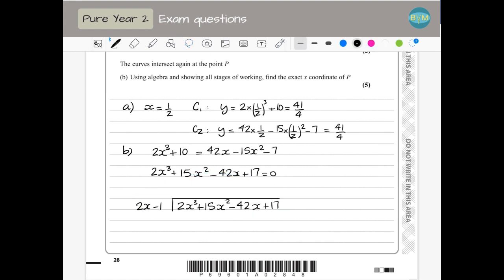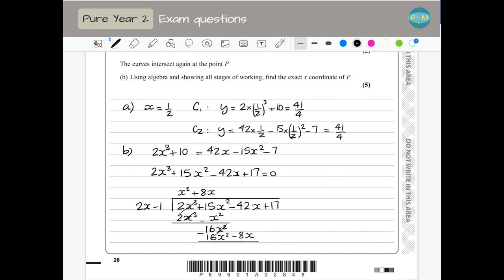I divide and I have x squared times that is 2x cubed minus x squared. So I subtract, these two are gone, and 15 minus 1 is 16x squared. I divide again, plus 8x. I multiply, 16x squared minus 8x.